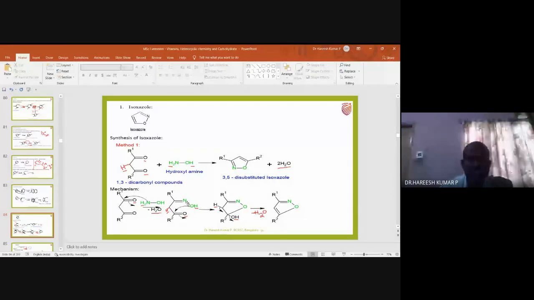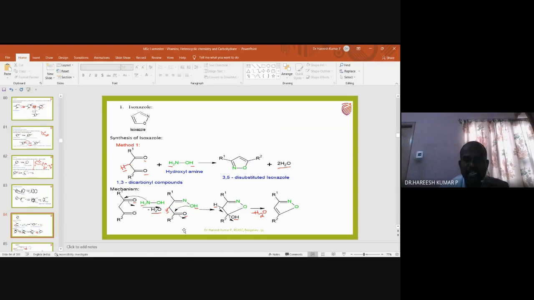So what is the difference between this C=O and here C=N? That is the only difference. That means oxygen is replaced by nitrogen and H2O will go out as water. Is it clear? So this is the first step.